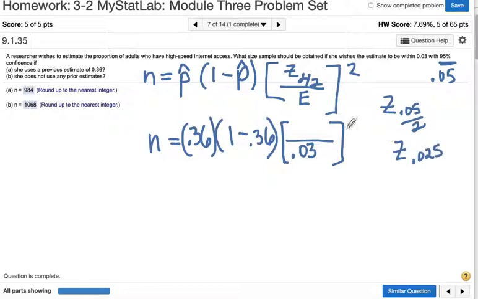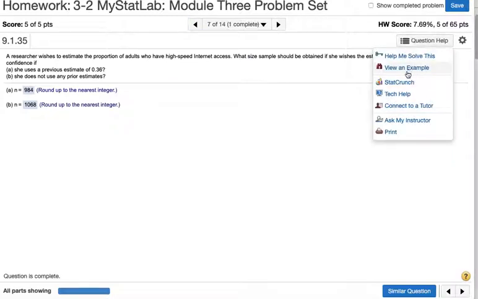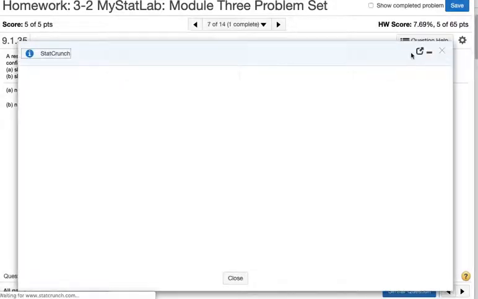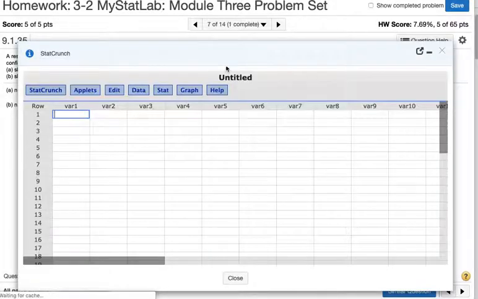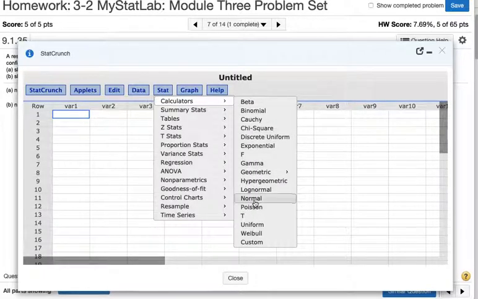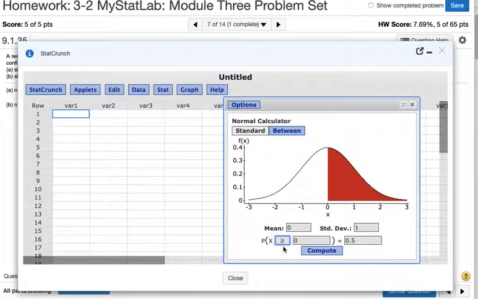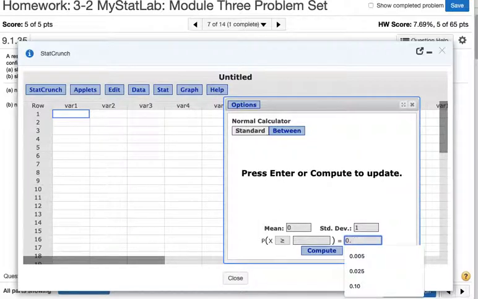Now we're going to use technology to figure out what that z-score is. So let's look at StatCrunch. I go into Stat, then Calculators, and then Normal. Here I'm going to look at x being greater than or equal to, and my value would be 0.025.